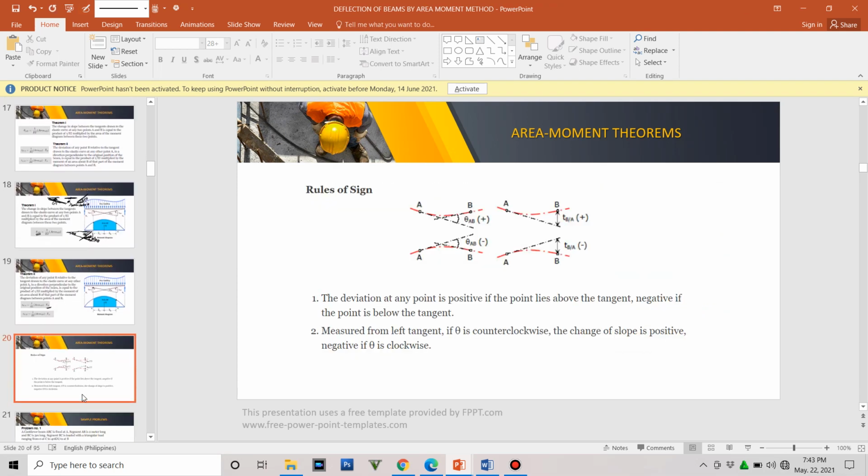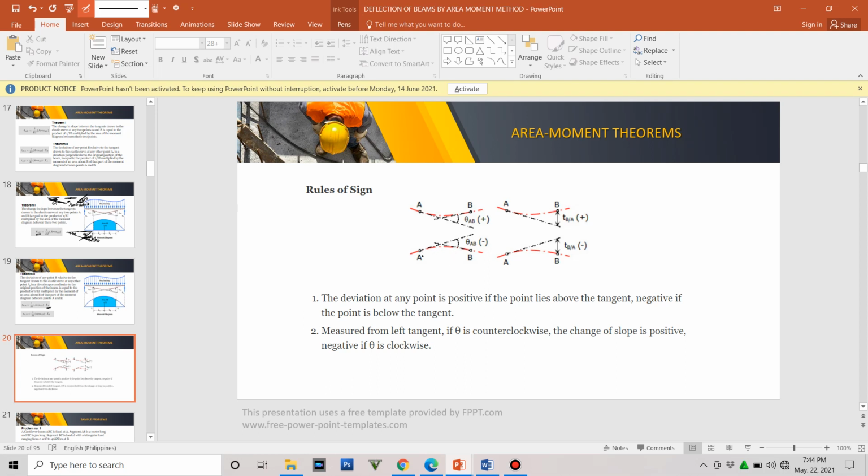So, yung rules of sign, when we talk of deviation, ang reference line mo class, is yung tangent line, ano?